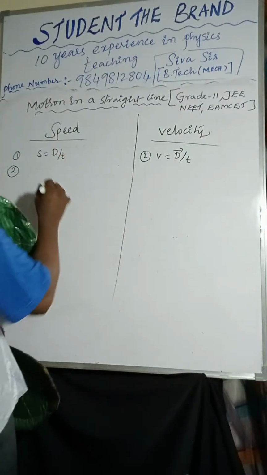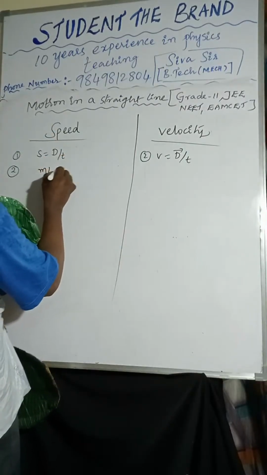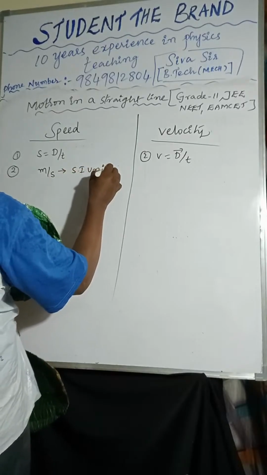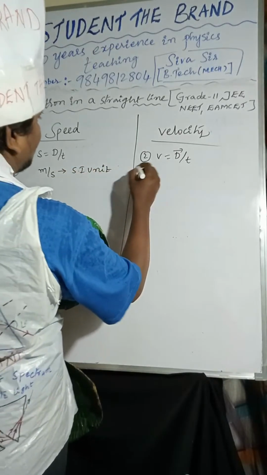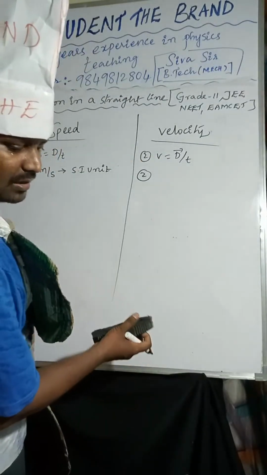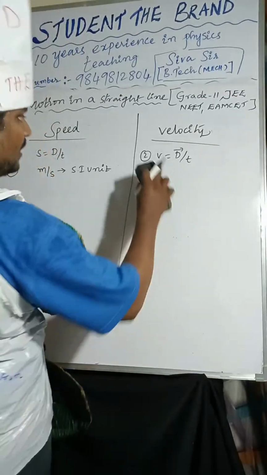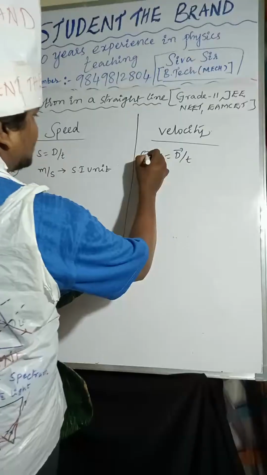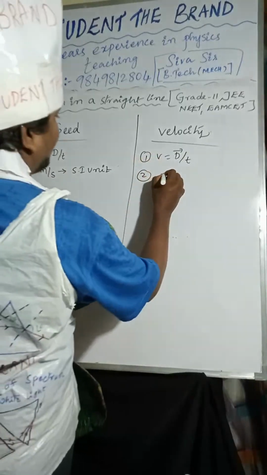Here the SI unit of speed is meter per second, and for velocity also it is meter per second.